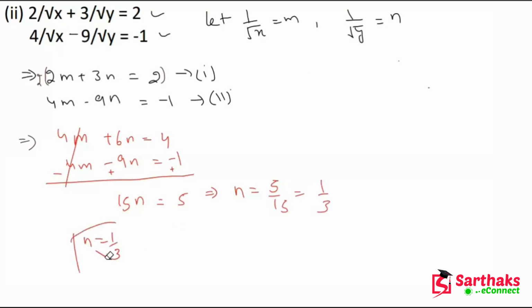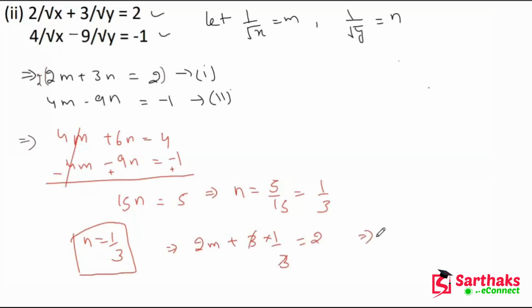So put the value of n in any of the equations. We are putting it in the first equation. Then we get 2m plus 3 into 1 upon 3 is equal to 2.